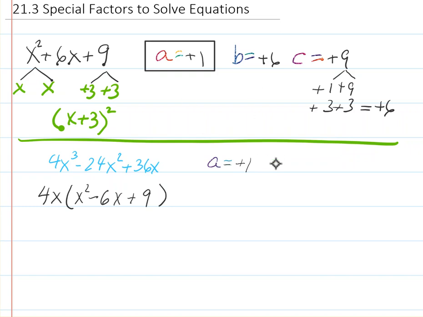B is equal to negative 6, and C is equal to positive 9. This time, again, I look and say, hey, that's a positive 1, so I just need to focus on this guy. There's only two factor pairs, 1 and 9, and 3 and 3.